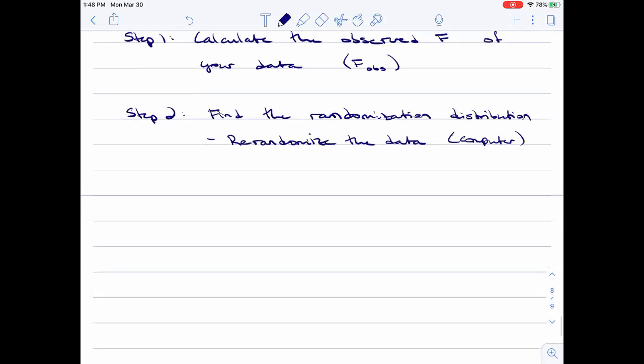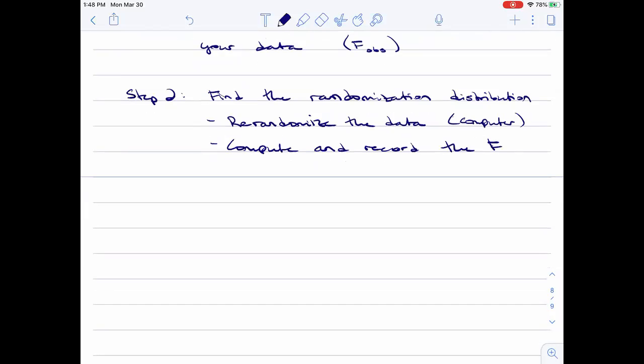And then you're going to compute and record the F statistic, which we'll call F rand. That's a randomized F.